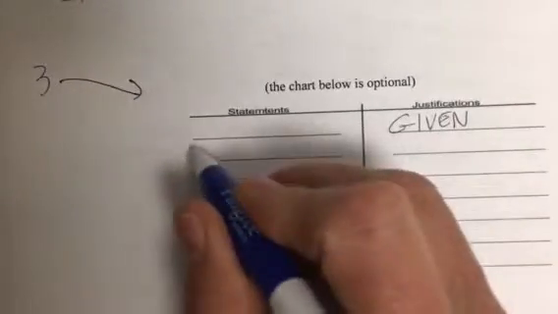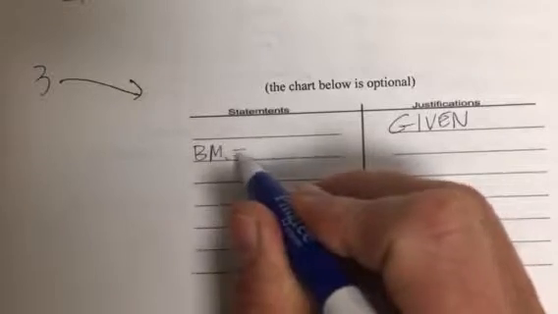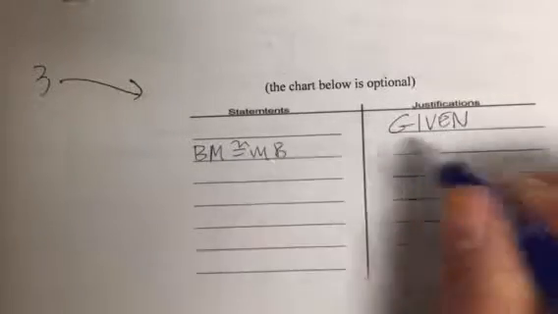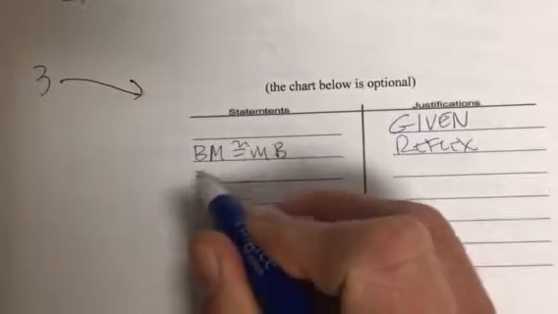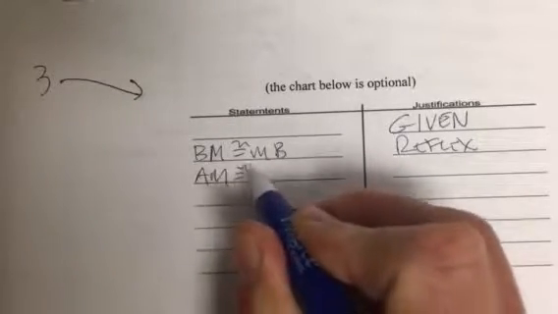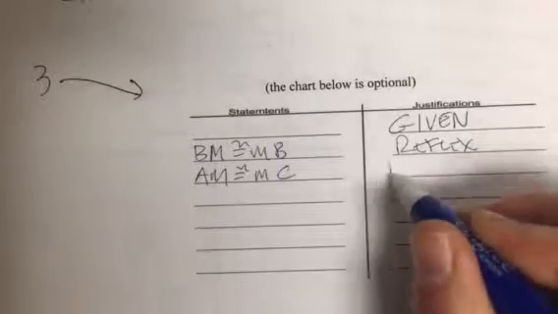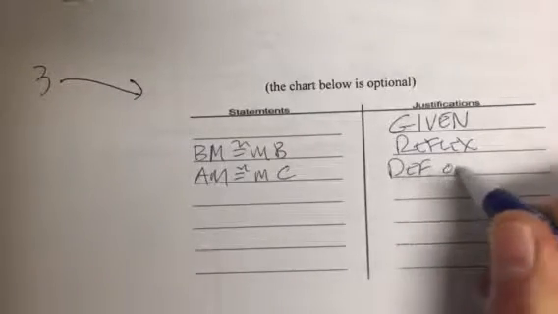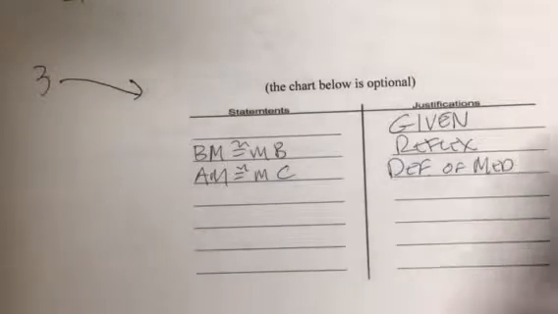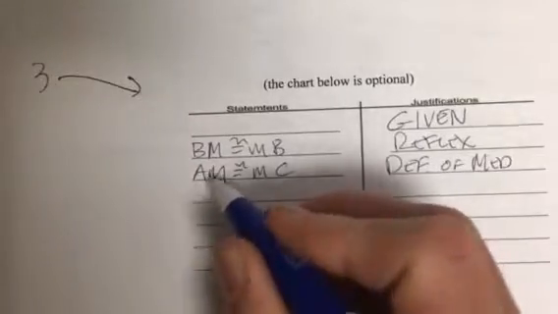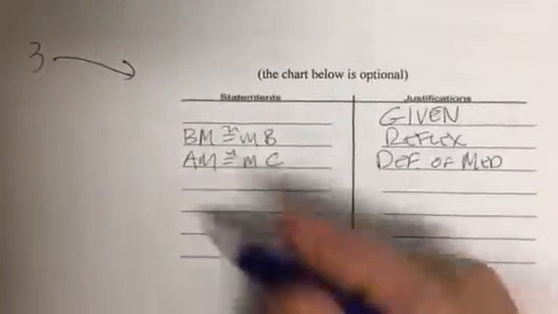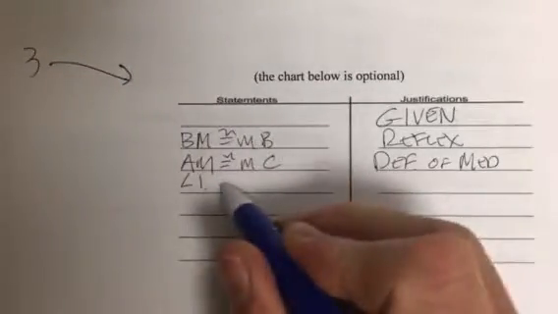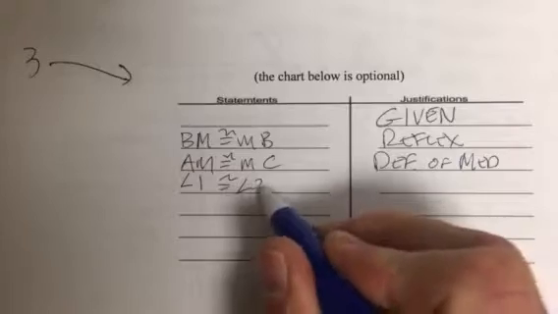I would say BM is congruent to MB. That's reflexive. I would say that AM is congruent to MC. That's definition of median. And then I'd maybe call angle 1 and angle 2 just to make it faster. Angle 1 is congruent to angle 2.